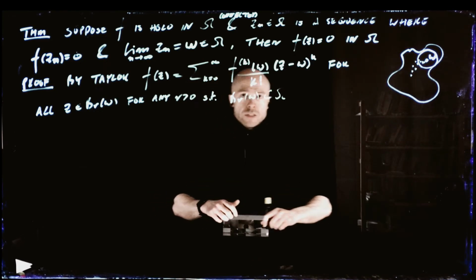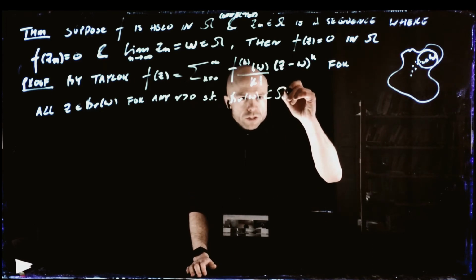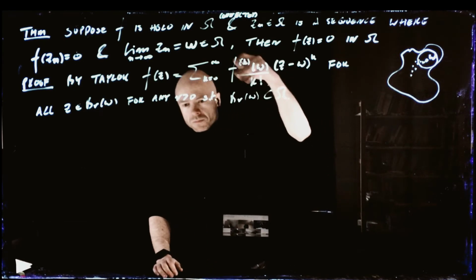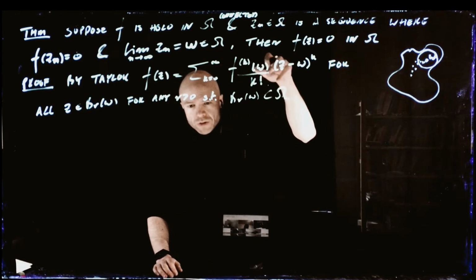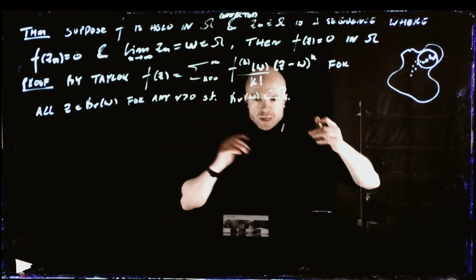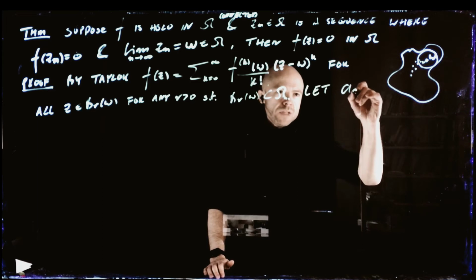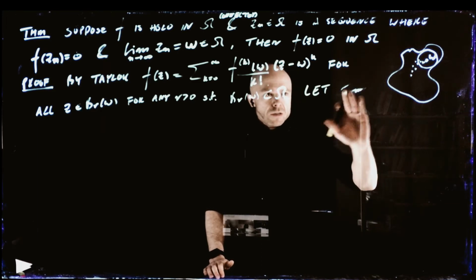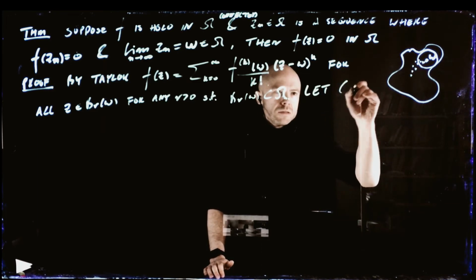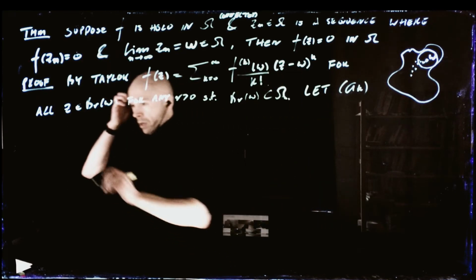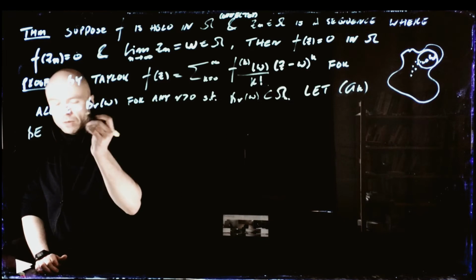Okay, cool. So I don't need the exact expression for the derivatives. I'm just going to replace them by a_k. It could be that many of these coefficients are equal to 0, but let's pick the first non-zero one. So let me just write what these are. Let a_k be these coefficients.